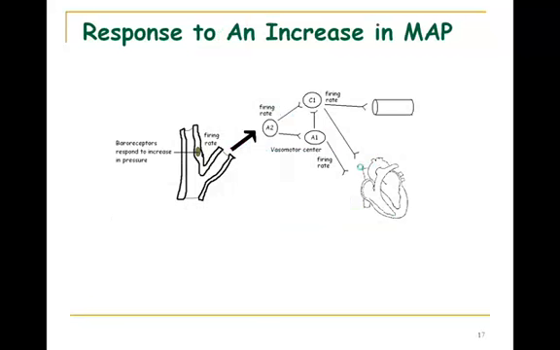The baroreceptors are going to stretch out, and since they have those spray type endings, they increase their firing rate. So in response to an increase in pressure, the firing rate from these baroreceptors increases, sending an increased frequency of action potentials to the A2 area of the vasomotor center, which is the sensory area.